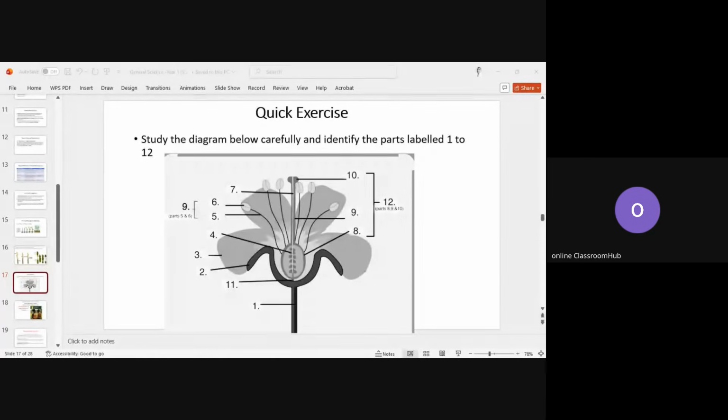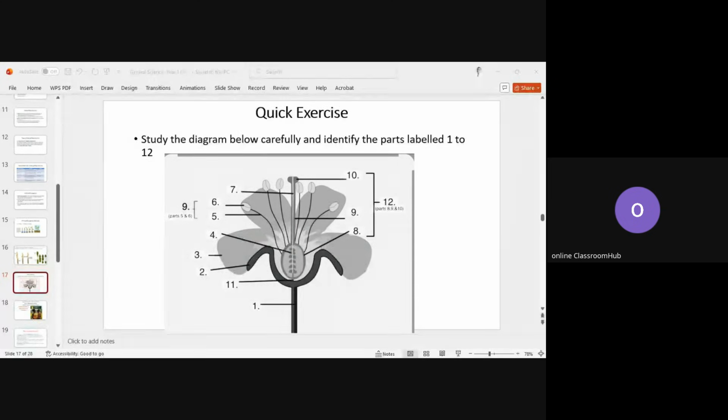Five is anther? No. The filament. Filament. Thank you.